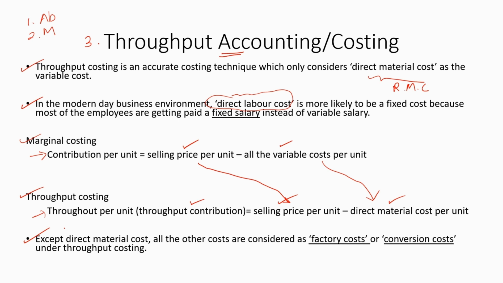Except direct material cost, all the other costs are considered factory costs or conversion costs under throughput costing. So now you can understand there are only two types of costs under throughput costing. The first one is variable cost, which is the direct material cost, and all of the other costs will be fixed costs. These are known as factory costs or conversion costs.